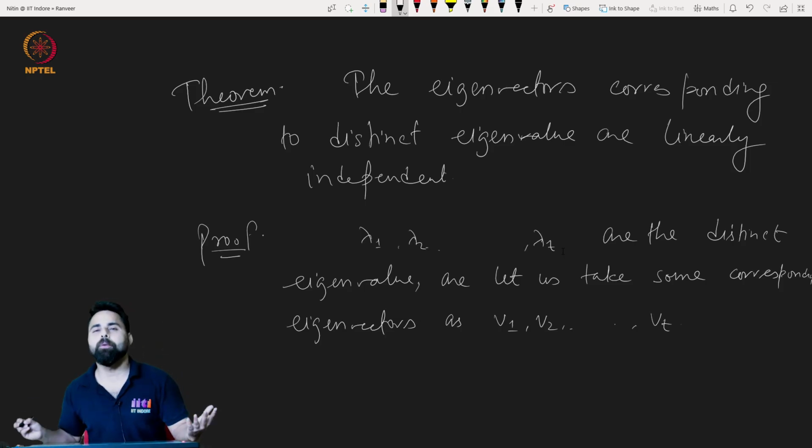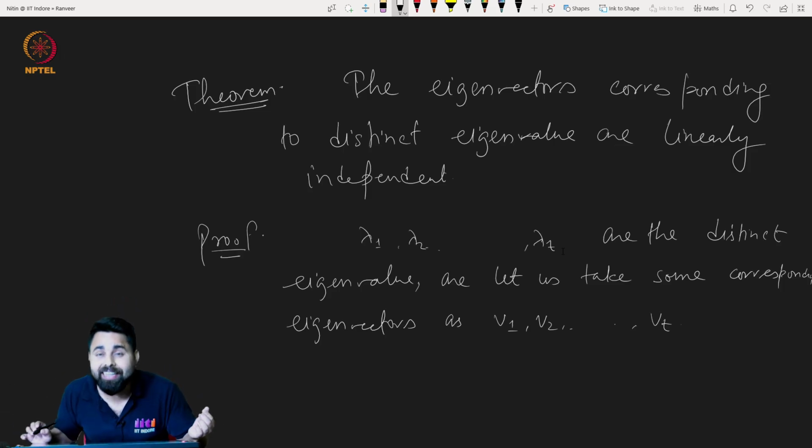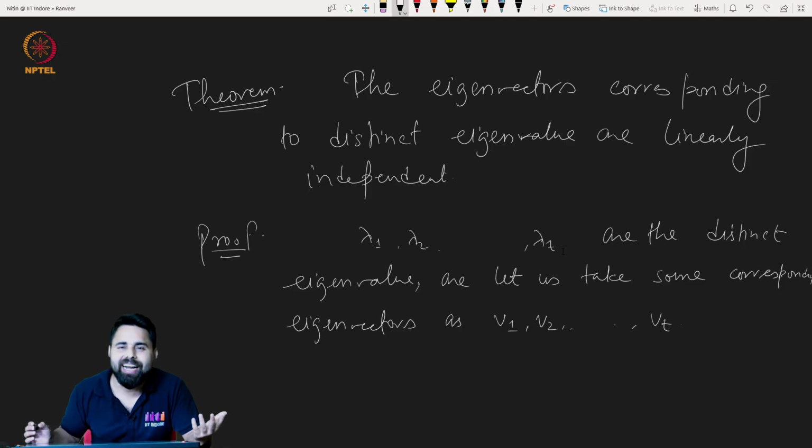We have to prove that v1, v2, up to vt form a linearly independent set. We will prove it by contradiction. So let us assume that they are not linearly independent.